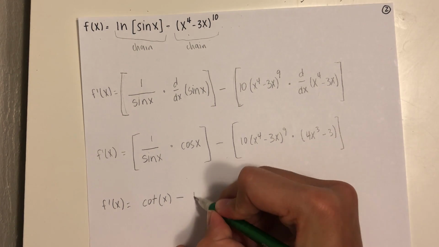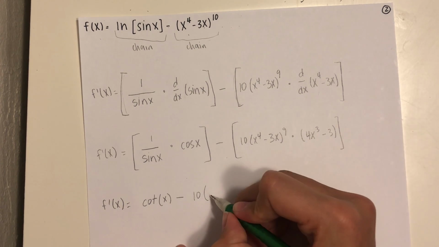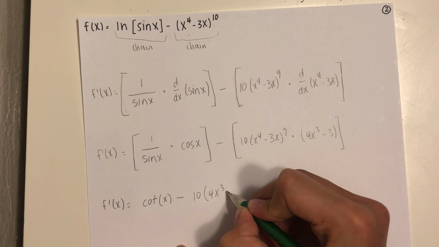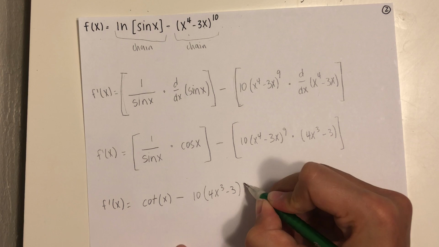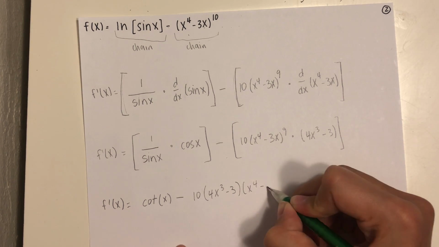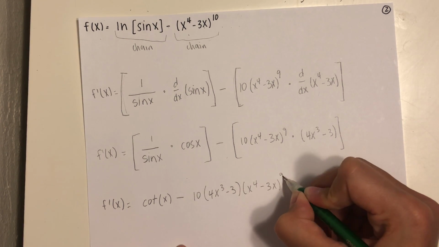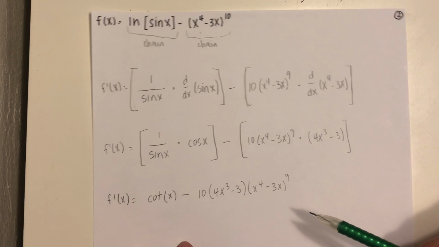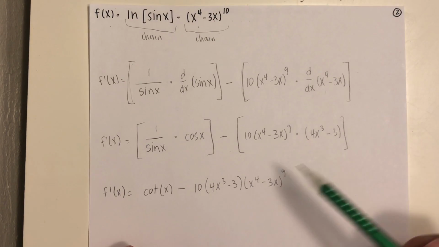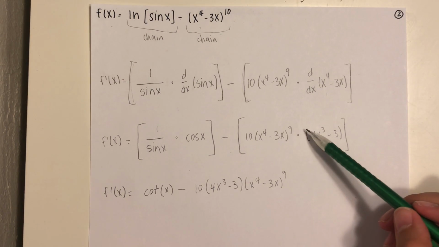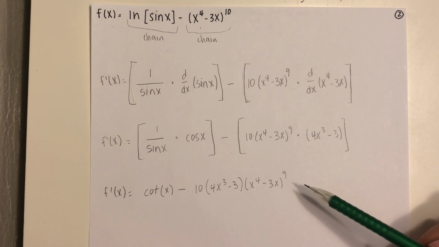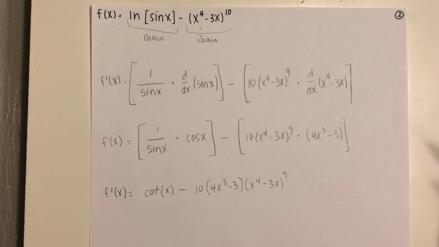So I would write it as 10 times 4x cubed minus 3 times x to the 4th minus 3x to the 9th. And that's just how I write it, so the 9 isn't between the parentheses anymore, and it just looks prettier to me.